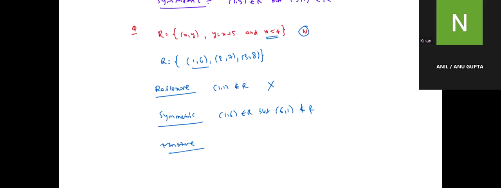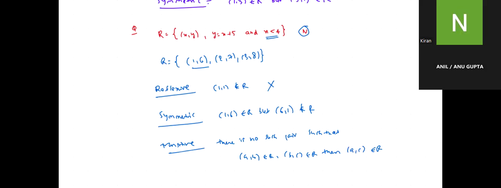There is no such pair. Correct? आपका वो कंडीशन लिखना: a, b belongs to R, b, c belongs to R, then a, c also belongs to R. This is enough, right? Okay. Next.